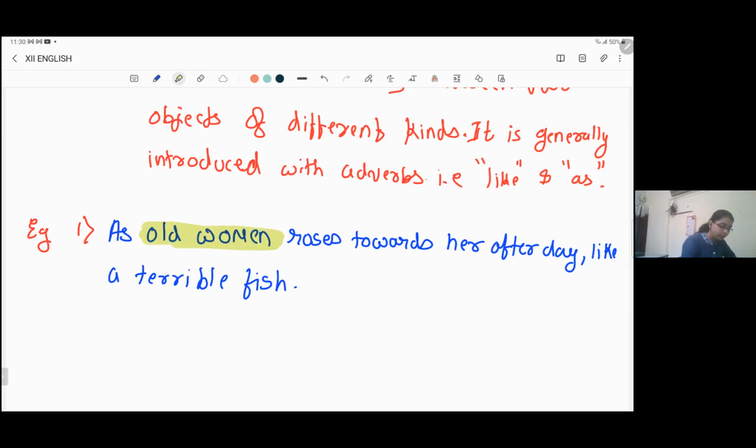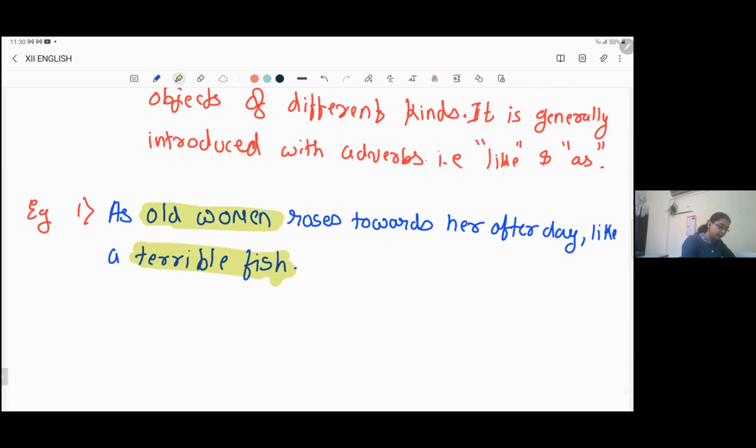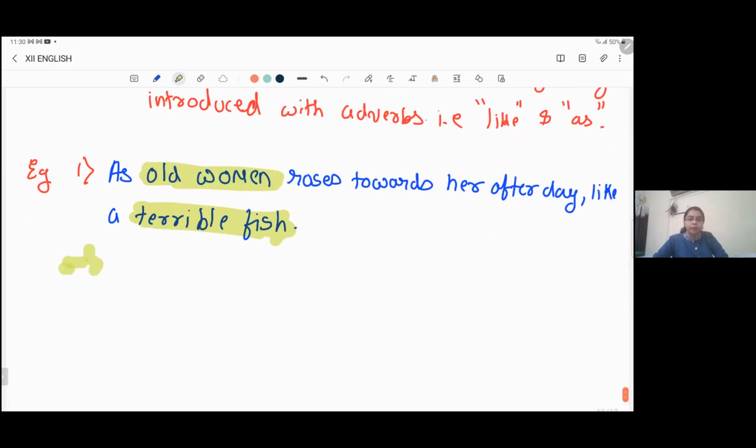A terrible fish. You will write the same thing. The old woman, I'm dictating it right down, is compared to a terrible fish.